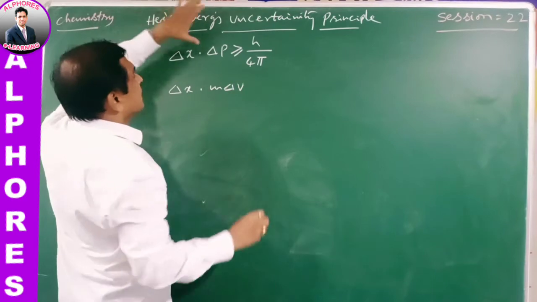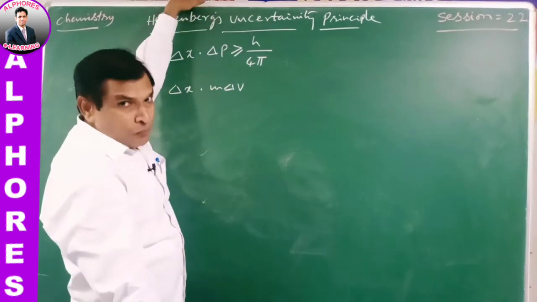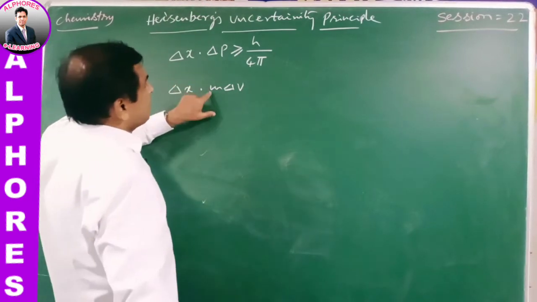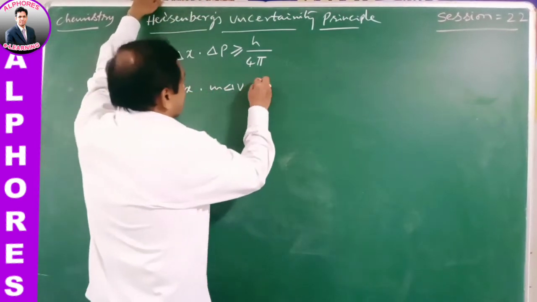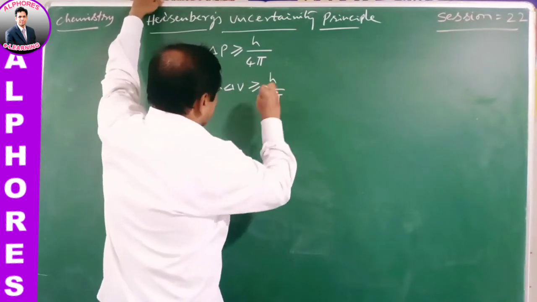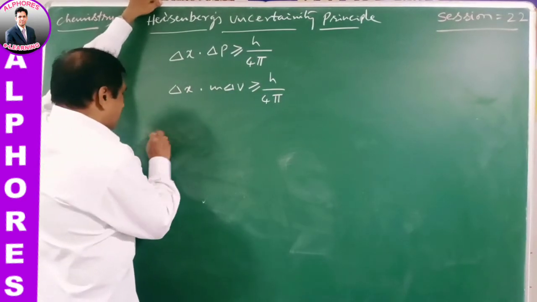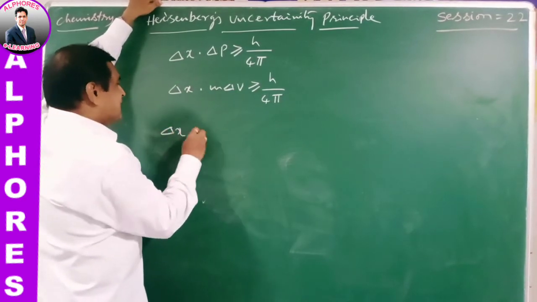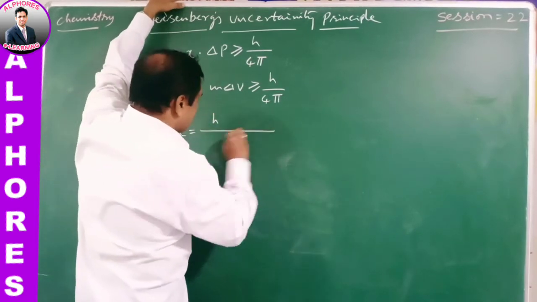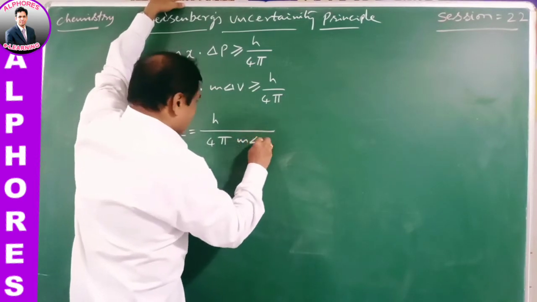Delta p is momentum, the product of mass and velocity, so m into delta v is greater than or equal to h by 4 pi. We also described in the last class that delta x is equal to h by 4 pi m delta v.